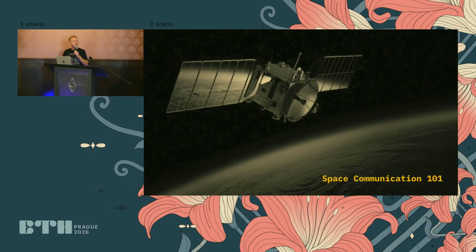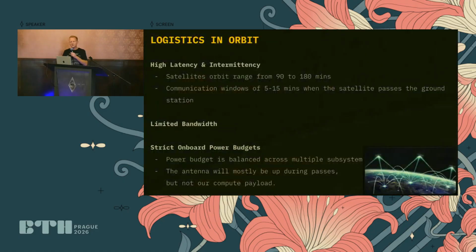Yeah, let's start. So, space communications. Basically, the biggest issue is latency and intermittency. So you won't always be available. The satellites are orbiting around the globe.